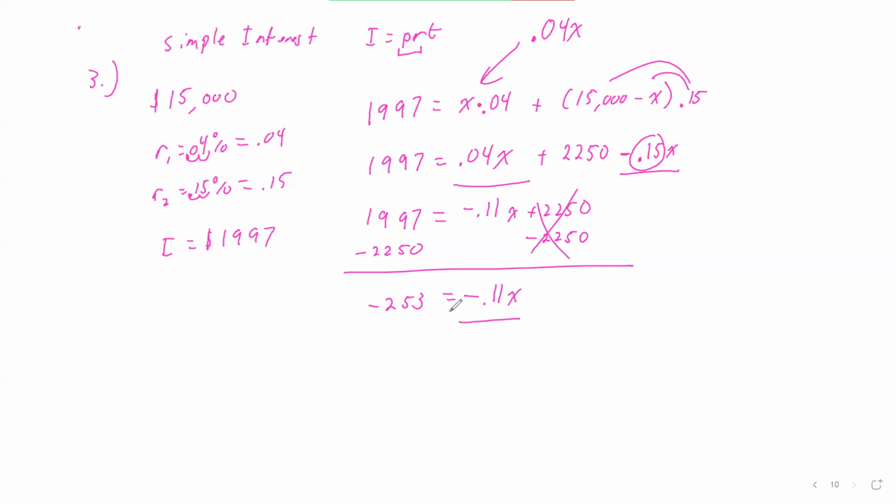I'm going to do the, well, negative 0.11. Again, that does happen to students all the time. The decimal gets lost. Now, before you stress about the negatives, just focus on the number. So 253 divided by 0.11.